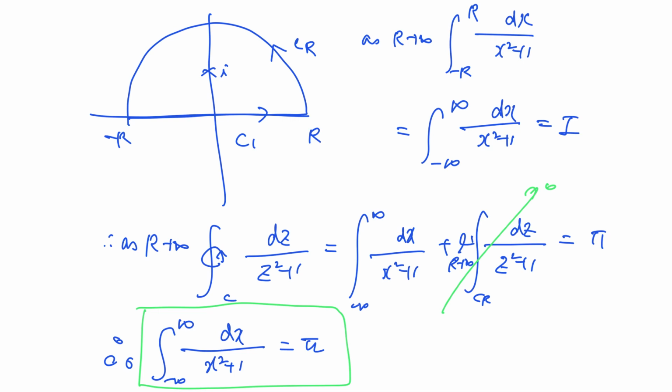It's very interesting that pi is the ratio between the circumference and the diameter of a circle, right?